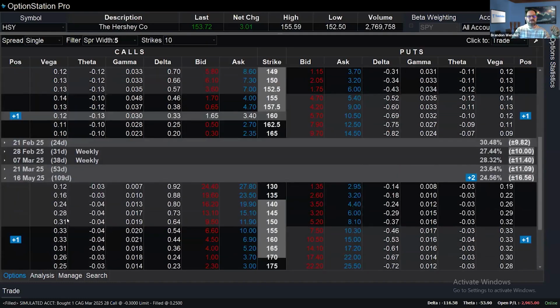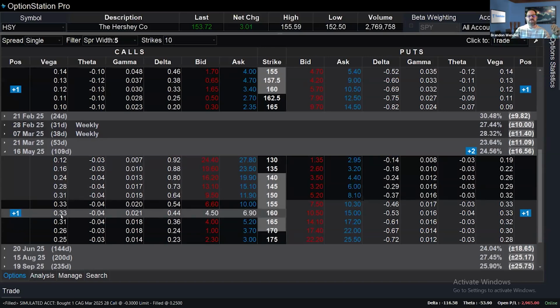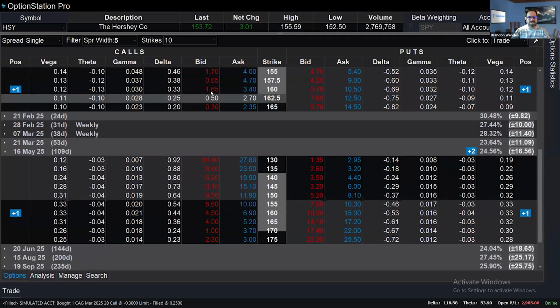Well, if we go to the 109 days left in May, we've gone all the way up to 33. We've more than doubled our risk exposure to volatility. Now, is that a problem? It depends. If you buy options with relatively low volatility, that's a good thing. Then we may want to buy further out because, yes, you will spend more in premium. You can just compare these two.